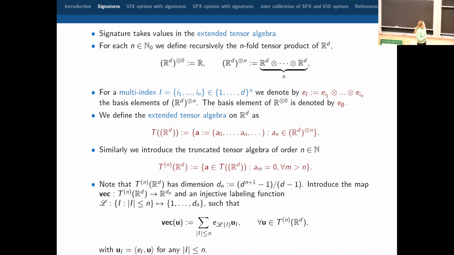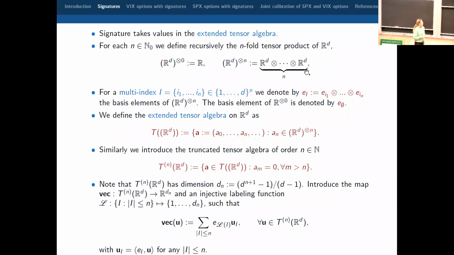And then the e_I is this tensor product of these canonical basis elements of R^d. So these would be the basis elements here, and this is then used to extract an element of this tensor algebra. And when we truncate at level n, then this is denoted with this T^n here.